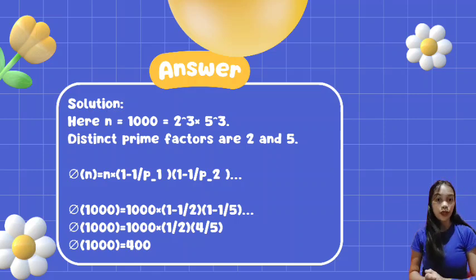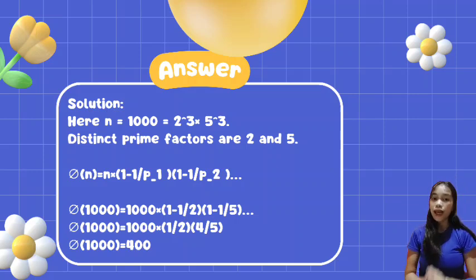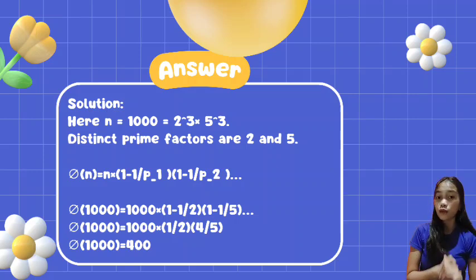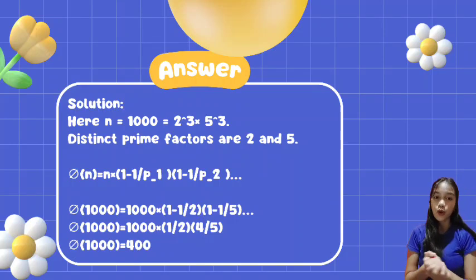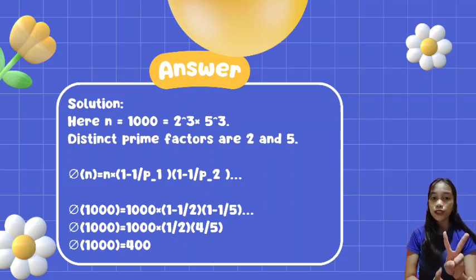Let us now substitute the given values to our formula. Again, the formula for case number 3 is phi of n is equal to n times the quantity of 1 minus 1 over p sub 1 times the quantity of 1 minus 1 over p sub 2, and so on depending on the number of factors. Since we only have 2 distinct factors, we will just end at p sub 2.